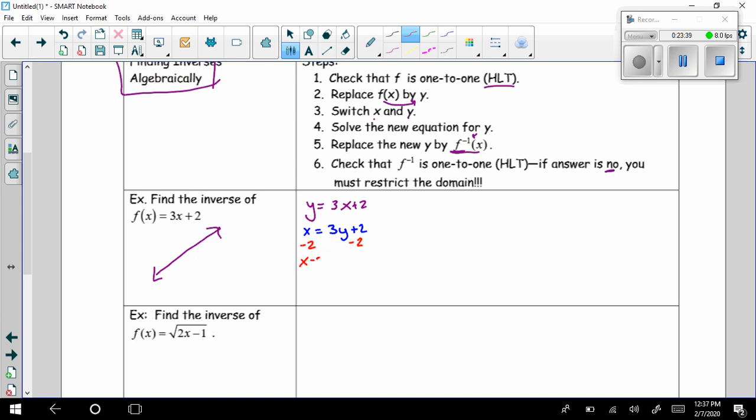So x minus 2 equals 3y. y equals (x minus 2) over 3. Okay, well, this is still linear, and so it's going to graph a line, so I don't need to restrict the domain. So I'm going to just rewrite my final answer in inverse function notation. And this is now my inverse function. Right, again, passes the HLT.